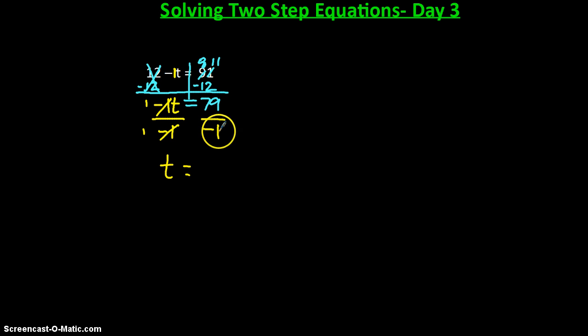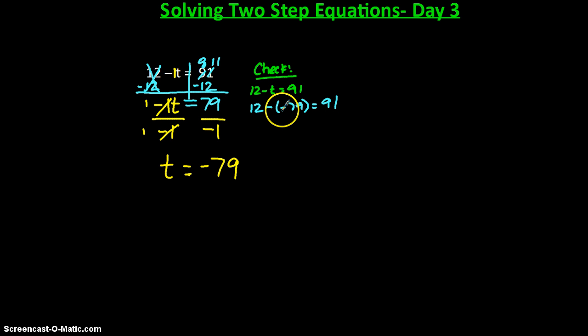And now 79 divided by negative 1. The only thing that really changes is the sign: instead of this being a positive 79, now it's a negative 79. To check my work, I have my equation, so I'm going to rewrite the 12 minus, and I'm going to put this in parentheses, negative 79, is equal to 91. Now what my kids will do is they'll look at this negative times a negative.